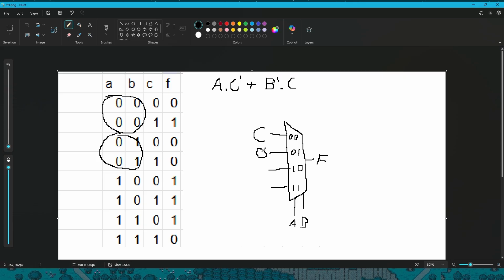So the output is going to be 0. And then we'll have 1 and 0 right here, and you can see it's always 1. And that only leaves C prime, but we'll check anyways, and we'll see that 1, 1, 1, 1, and it's the opposite of C. So C prime. Now we're going to remember this, and we're going to implement this into Minecraft real quick.